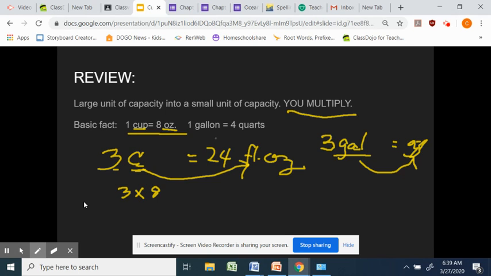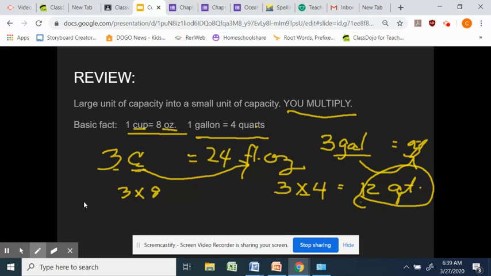So I'm going to multiply my 3 gallons, again, my basic fact, 3 gallons times 4 is 12 quarts. So from a larger unit to a smaller unit, you multiply. So her 3 gallons, now she can give it away to 12 of her grandchildren because now she replaced the container into smaller units. Okay.